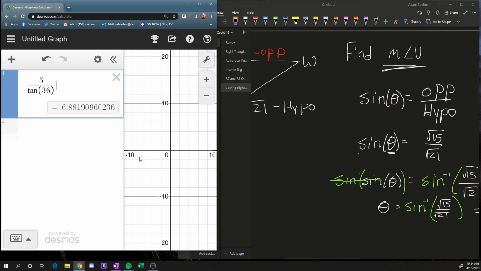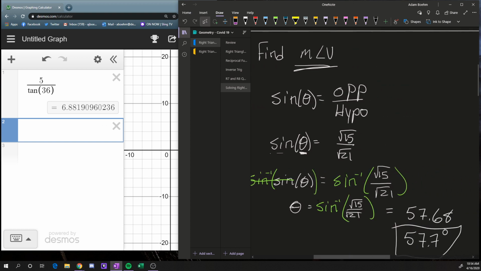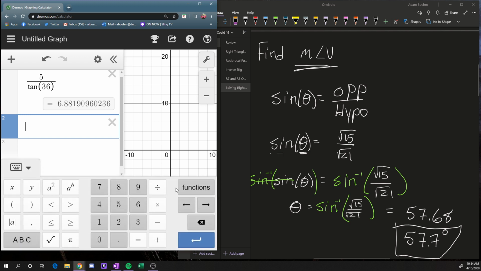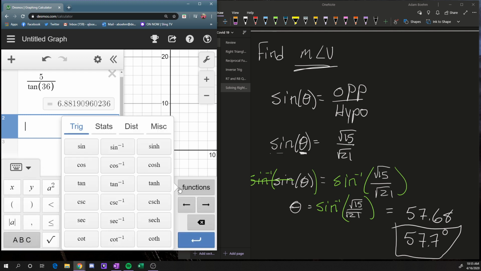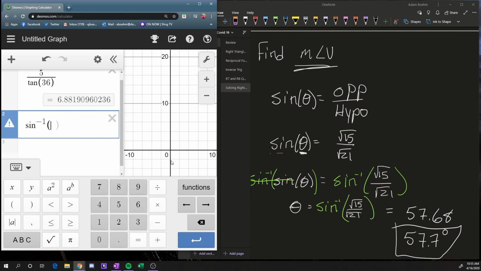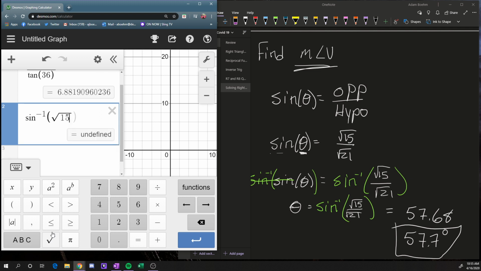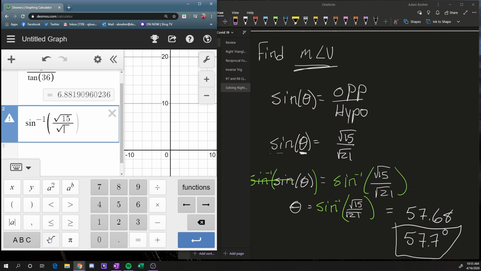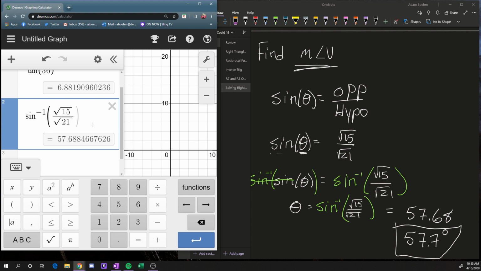Okay, so on Desmos, we would just type in exactly what we have written over here. Okay, so sine inverse, and in order to get sine inverse, go to functions, hit sine inverse, and then we just type in that equation. And we get the same thing.